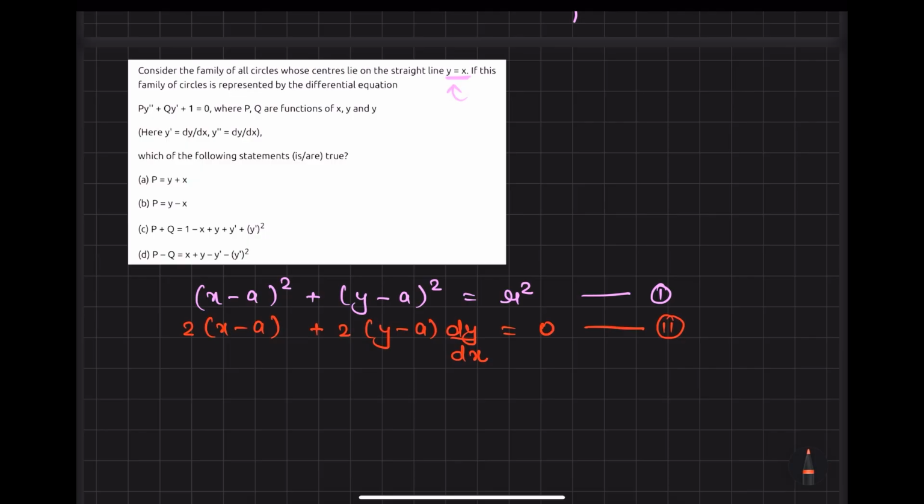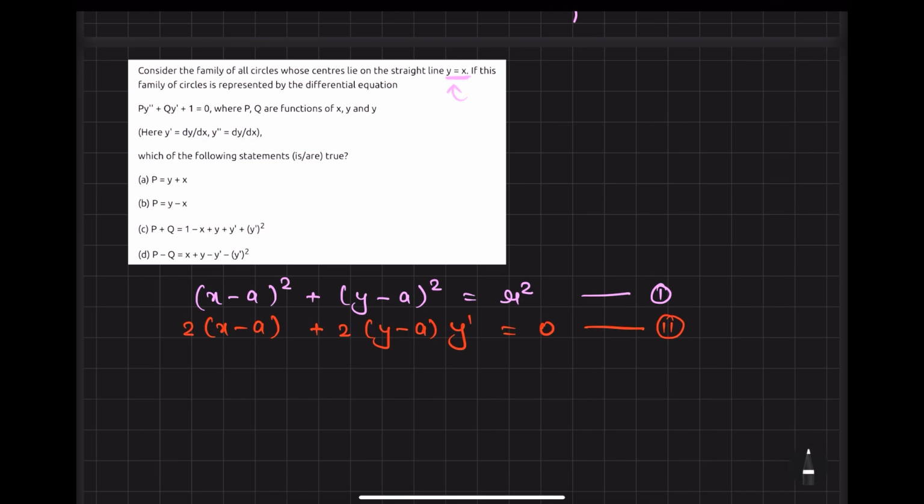For simplification I'll be using y dash. Differentiation of x becomes 1. So we got this situation. We have differentiated our function once. Now let's do the differentiation one more time.